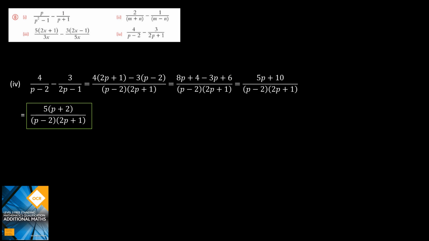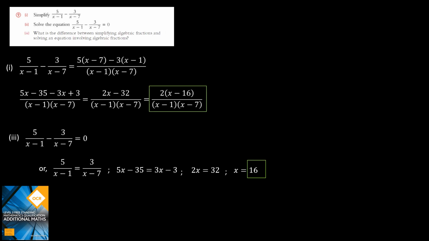And finally number 9, and here we have one simplification, and they've asked us to solve. Here they want us to solve for x, so we just put them on the other side of 0, and we solve for x. So that completes these questions.